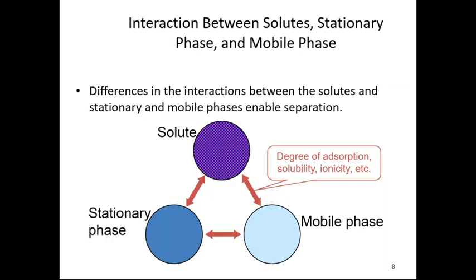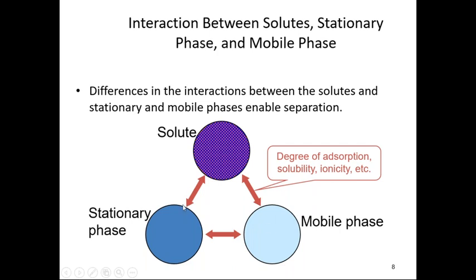So just to recap and bring you back into what is chromatography, it is an interaction between the analyte or the solute and the stationary phase and the mobile phase. So separations take place because of the differences in the interaction between the solute and the stationary phase and the solute and the mobile phase.